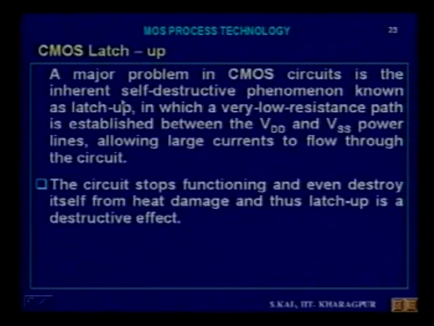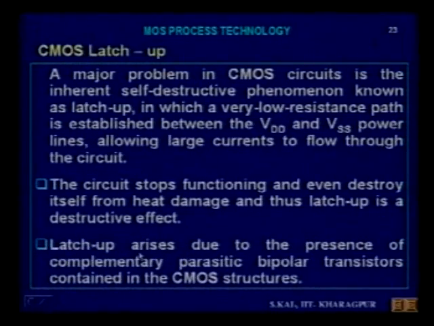As a result of this latch-up effect, large currents flow through the circuit, and this circuit stops functioning and even destroys itself from heat damage, and thus latch-up is a destructive effect. Latch-up arises due to the presence of complementary parasitic bipolar transistors contained in the CMOS structure.